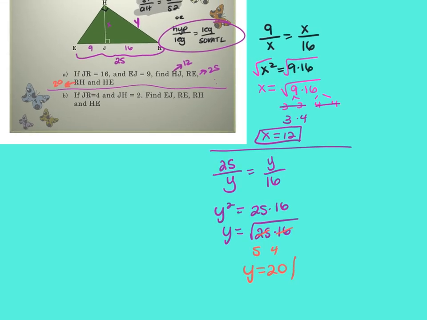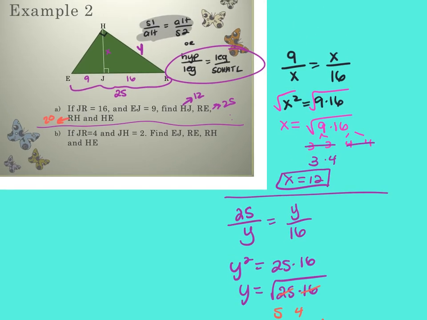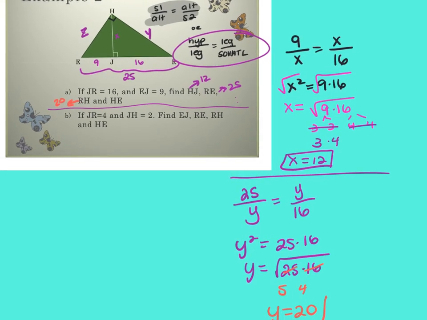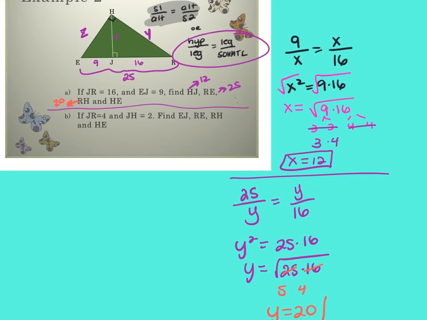And then the last part of A is HE. Let's call this Z. That's the other leg. So it's hypotenuse over leg equals leg over segment of the hypotenuse adjacent to the leg, which is 25 over Z equals Z over, this time I use 9 because that's the segment of the hypotenuse adjacent to Z. And I get Z squared equals 25 times 9.